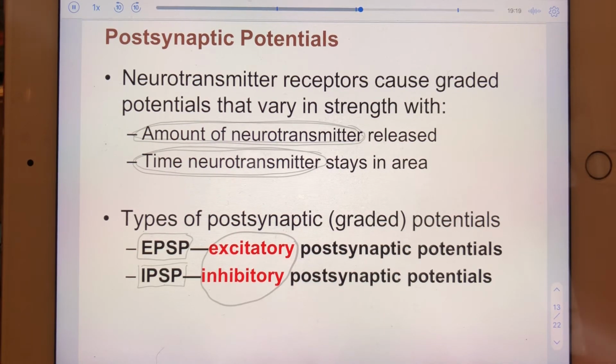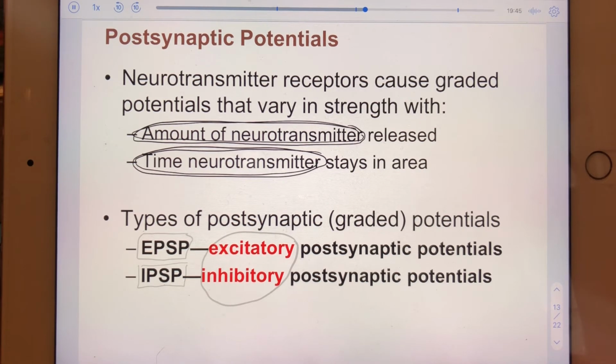How do they do that? Two major characteristics: how many molecules of neurotransmitter are secreted, and how long that neurotransmitter molecule stays put. Okay?